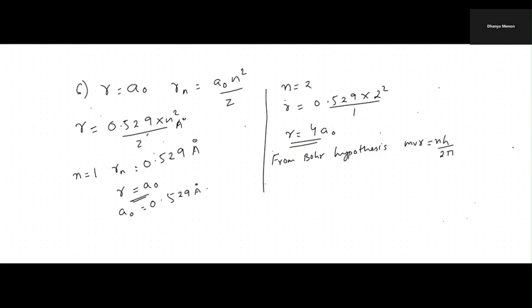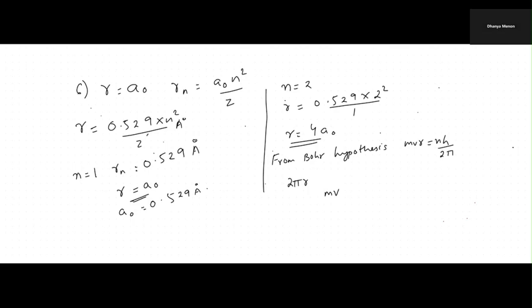Over here, if I rearrange this equation, mvr is equal to nh by 2 pi, so 2 pi r is equal to nh by mv. I'm just rearranging the equation.